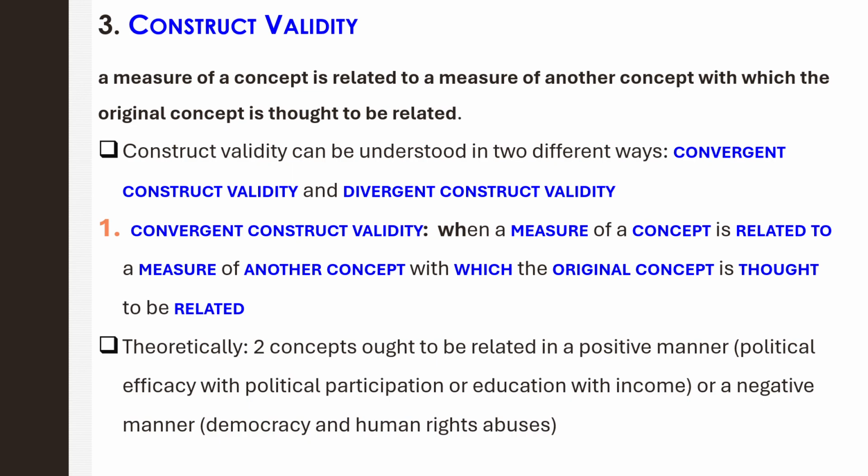Now, there are two types of construct validity. The first is convergent construct validity: two concepts that ought to be related positively. For example, support for welfare and support for Medicaid. Those are positively correlated. Now, it would be very unusual to find a country that has democracy and abuses human rights.